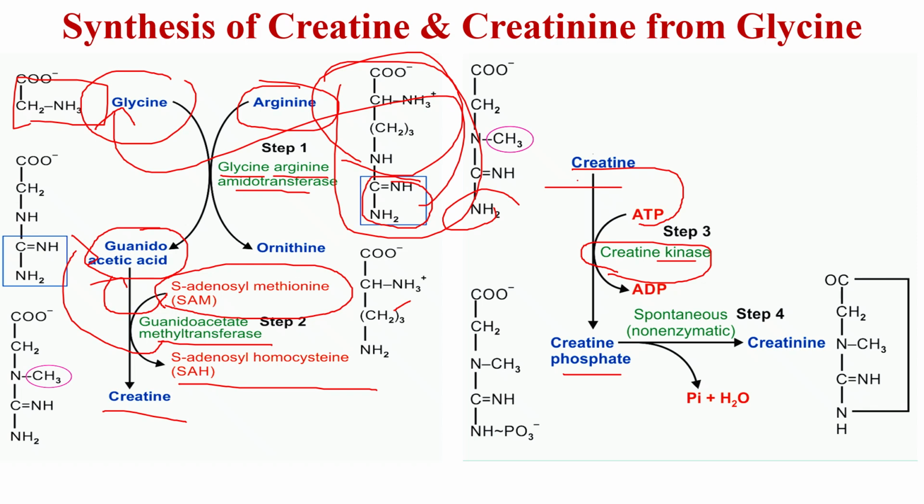And again, by a spontaneous and non-enzymatic reaction, one phosphate is lost and it forms creatinine. This is the difference between creatine and creatinine. This creatinine is excreted from our body. So this is the synthesis of creatinine from glycine.